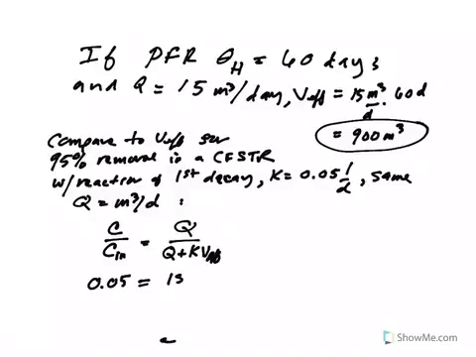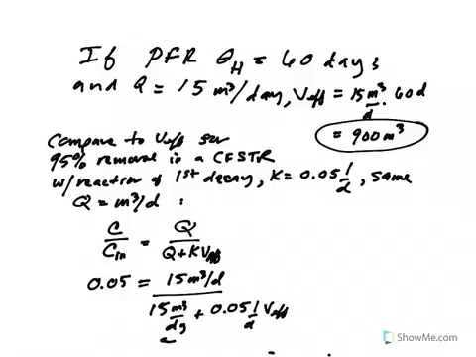The flow is still 15 cubic meters per day. And the K value, or the first order decay constant, is 0.05 per day, and that's times the effective volume.